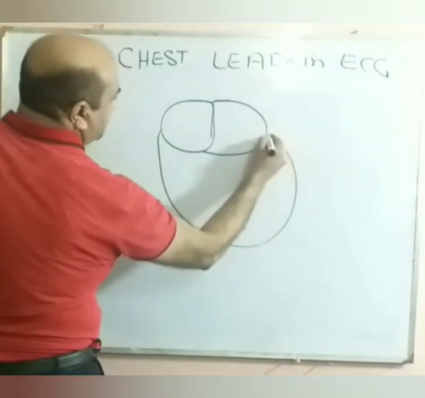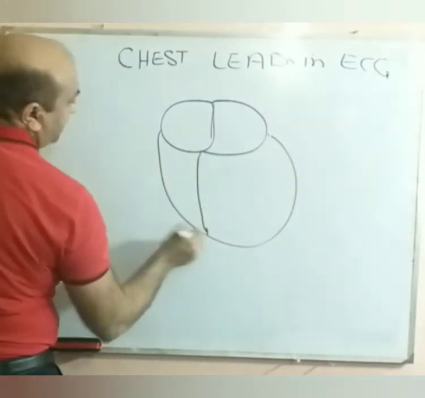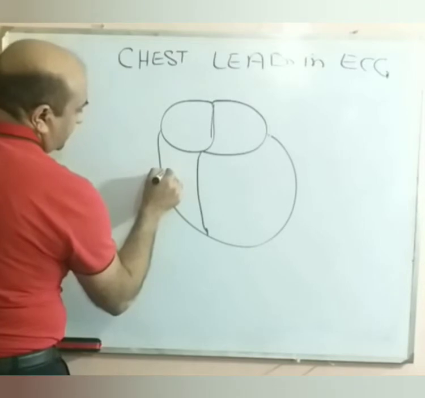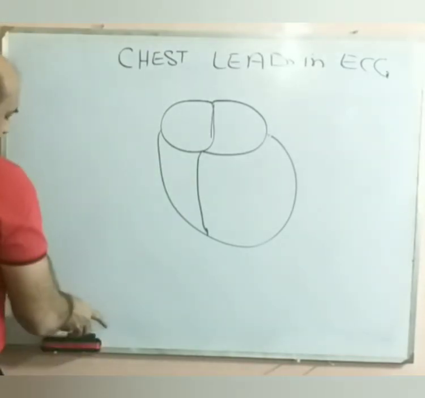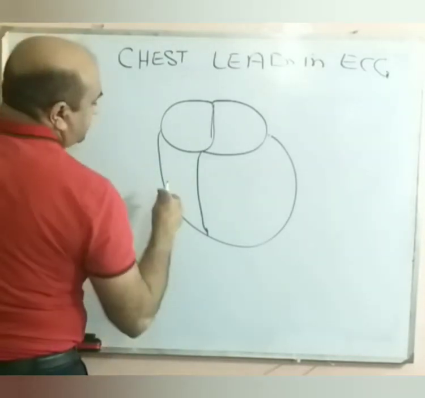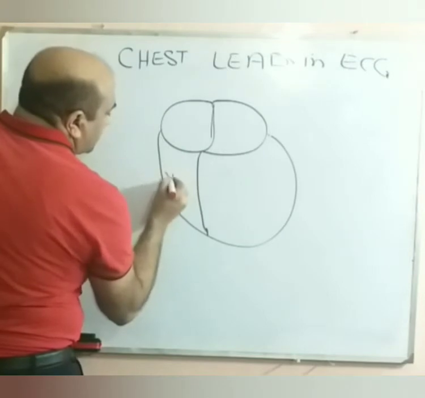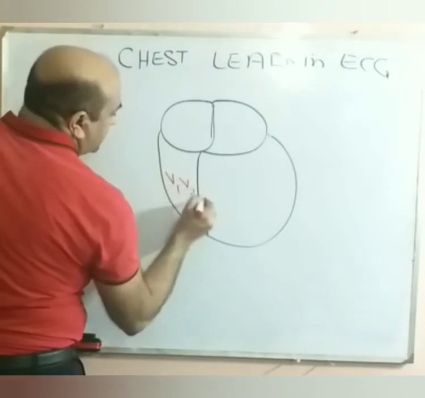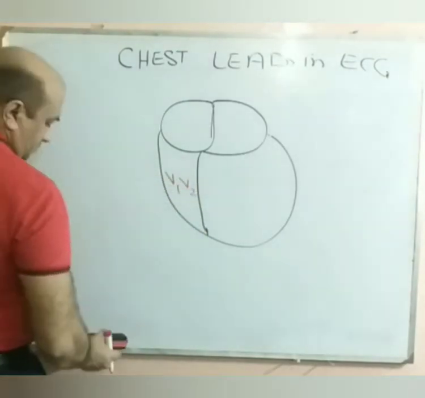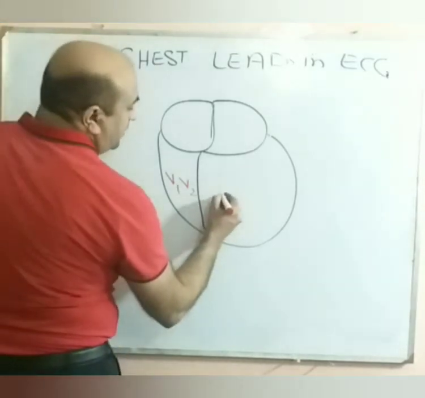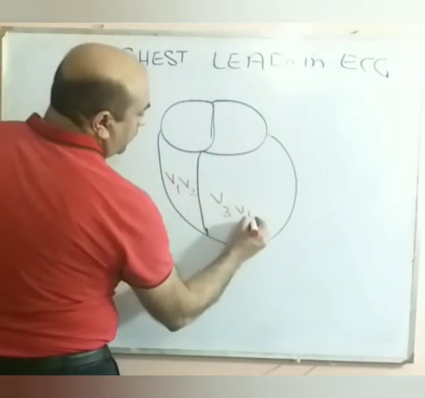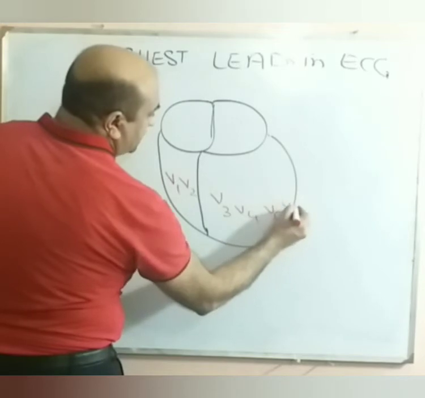This is ventricle. This is septum. We place chest lead V1 here, V2 here, V3, then V4, V5 and V6.